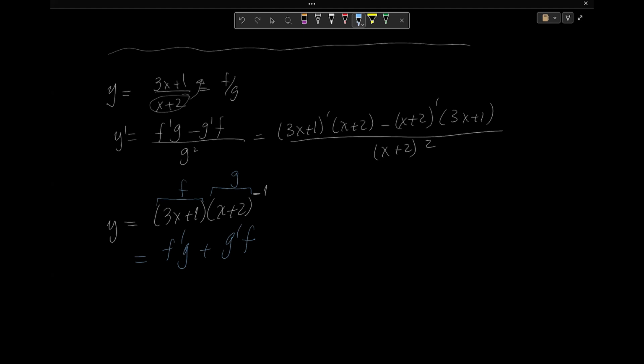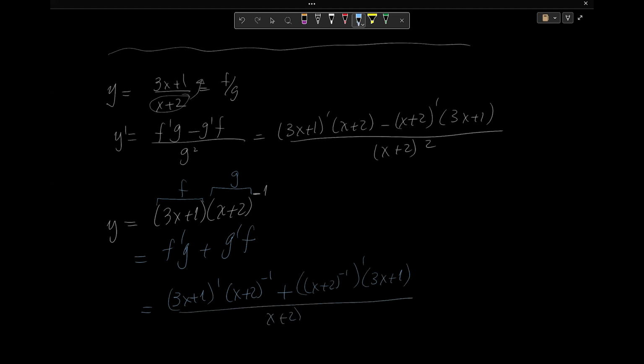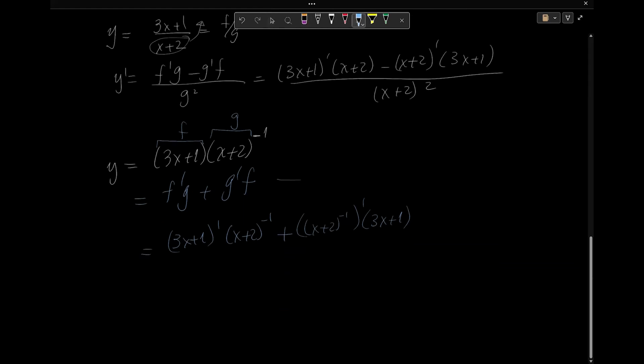Okay? So what is f prime? It's 3x plus 1 prime times x plus 2 to the negative 1 plus x plus 2 to the negative 1 prime times 3x plus 1 over x plus 2. No, that's it. Just like this. Because I'm doing this now. Okay? Now let's take the derivative of that.